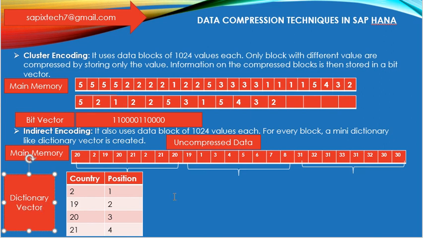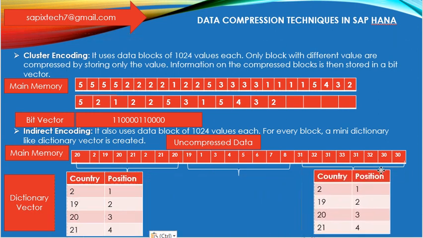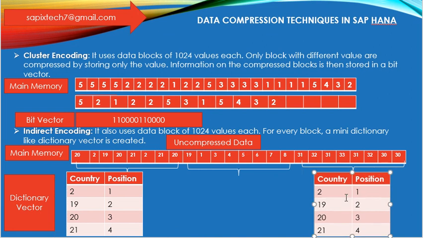And we know about dictionary vector: a dictionary vector stores only identical records in a sorted order. So in a sorted order, identical records will be like this. The same way it creates one for every block, but it checks whether data is being repeated.